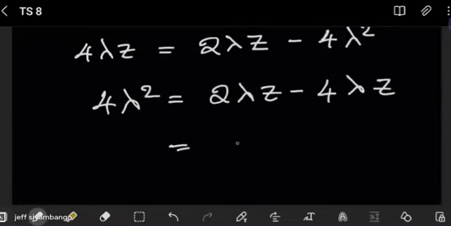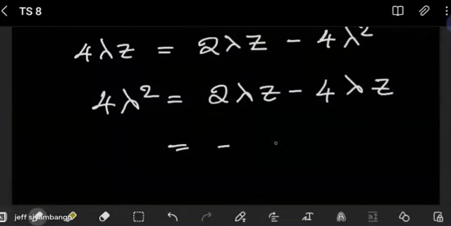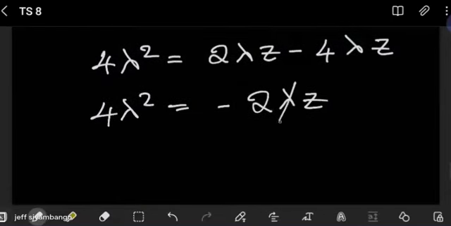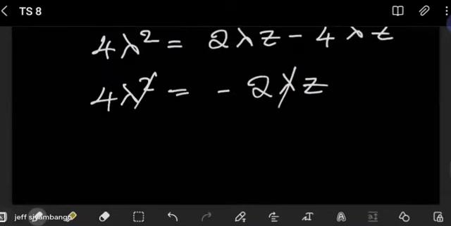So when you simplify, this is going to be minus 2 lambda z, and this is 4 lambda squared. So you see that lambda can cancel once, so that we now have 4 equals 2 minus 2z.